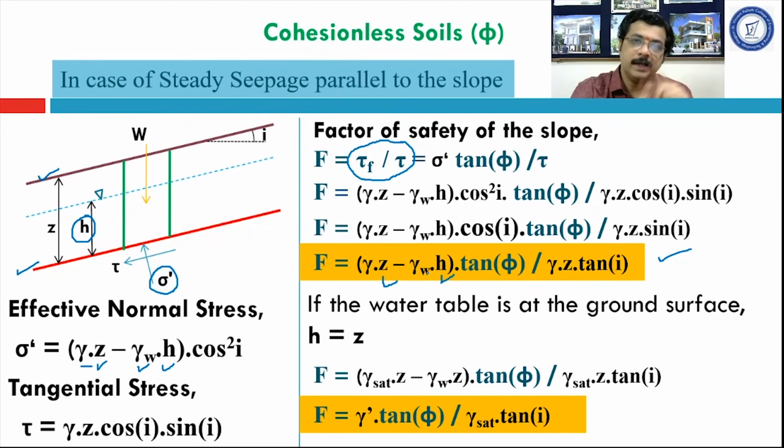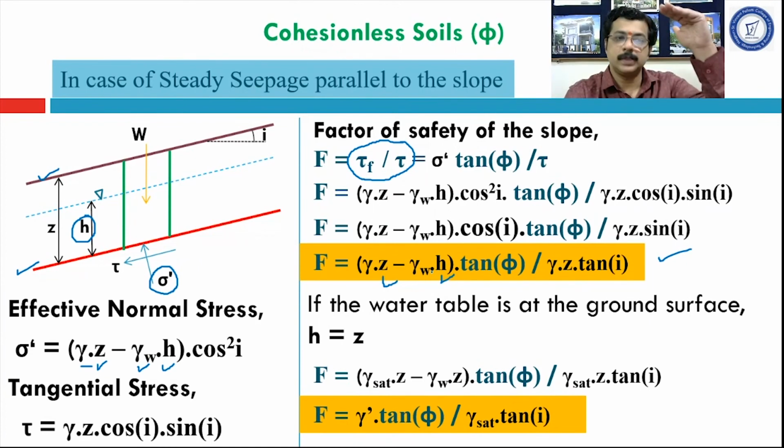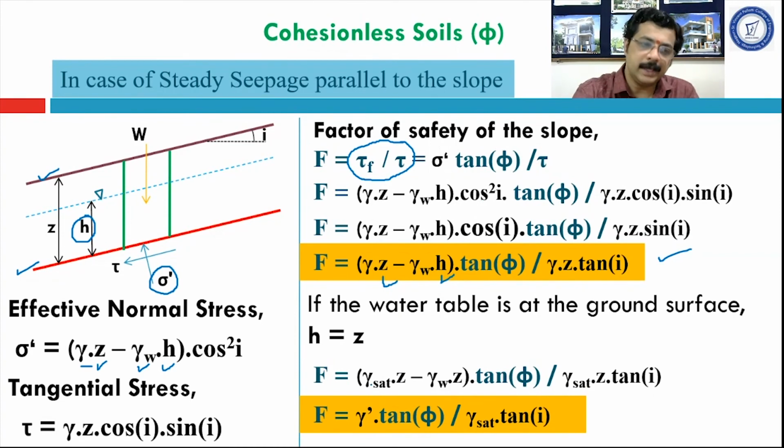Here when the water level rises to ground surface, h and z both will be equal. Therefore the formula is further written as (gamma saturated into z minus gamma w into z) tan phi divided by gamma saturated into z into tan i.